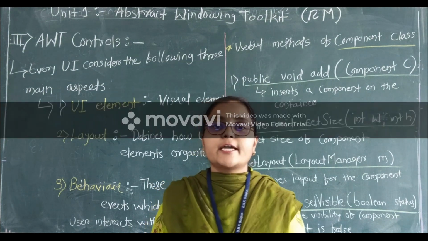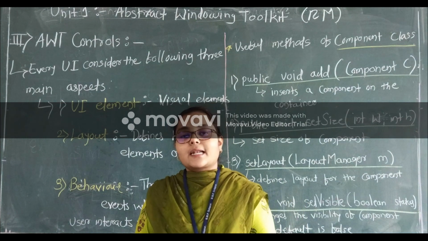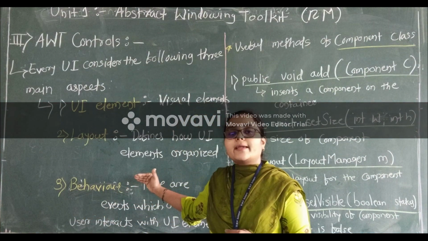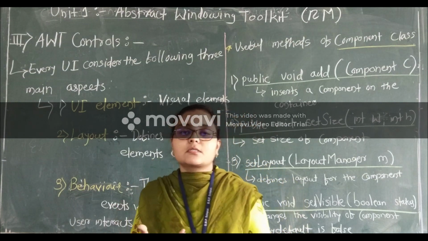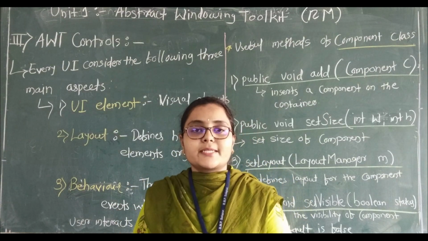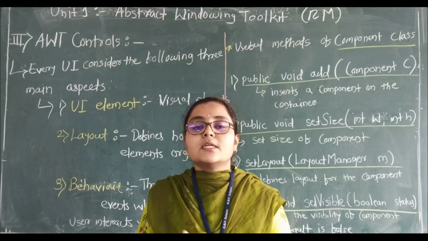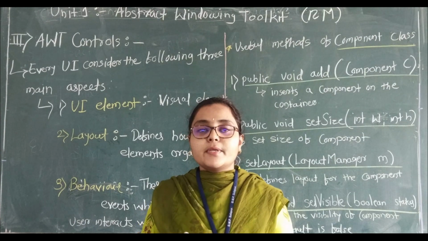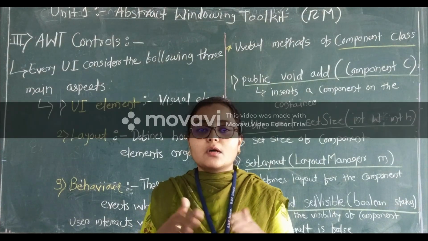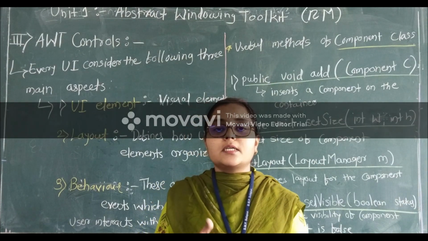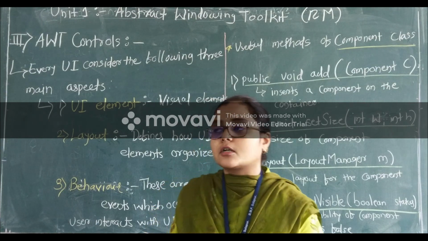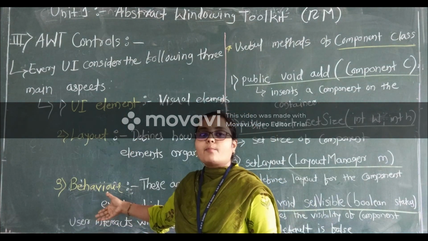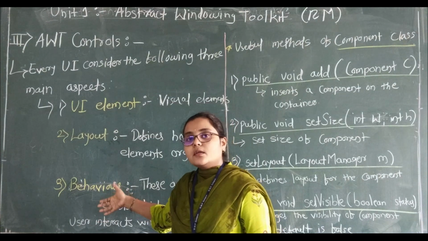There are different types of layout manager classes, which we will discuss in the layout manager part. Some examples are flow layout, card layout, and grid layout, meaning in what type of structure you organize those UI elements. So these are the basic aspects to consider about your AWT controls.